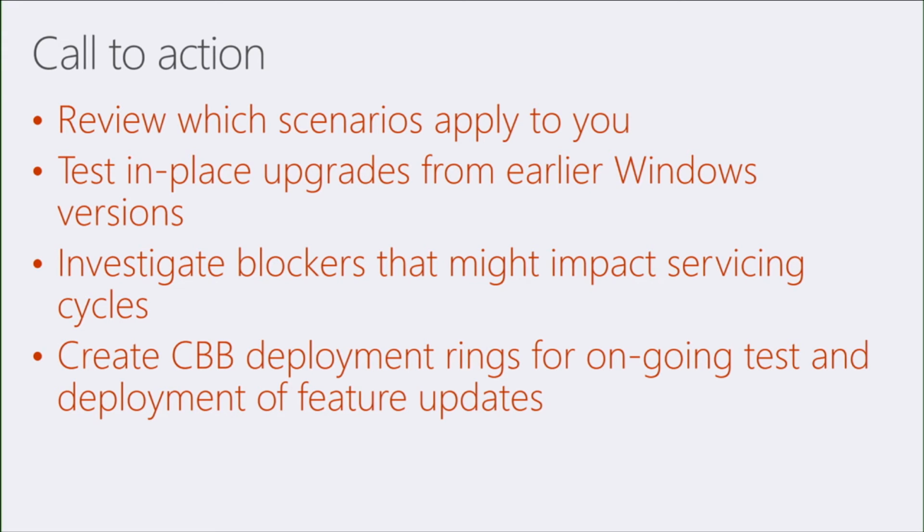As a piece of advice also, look into build rings. Just like Microsoft release builds in different rings, you can do the same. You can use WSUS, you can use SCCM, you can use Intune for this to create different computer groups that you deploy to. So we don't have to deploy all new feature updates to all computers all at once. Have a test group of computers that you deploy to first to ensure it all works.